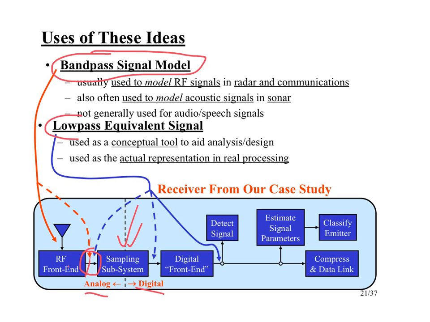Then we get to the low pass equivalent signal, and we use that as a conceptual tool as well as something that we actually process. So as I've been alluding to, if we go through this system here, once we get to this point, we are pretty much at the low pass equivalent signal stage.